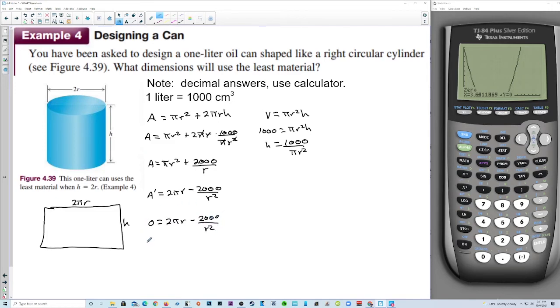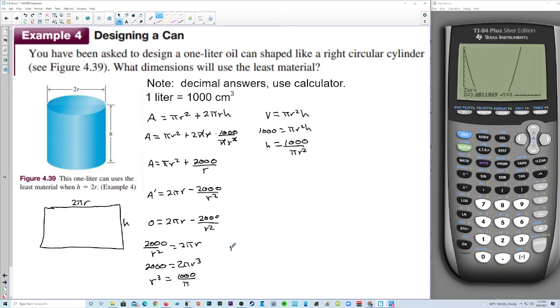Let's add 2,000 over r squared. That's equal to 2 pi r. Now we can multiply by r squared. 2,000 is equal to 2 pi r cubed. Divide by 2 pi, so r cubed is equal to 1,000 over pi.